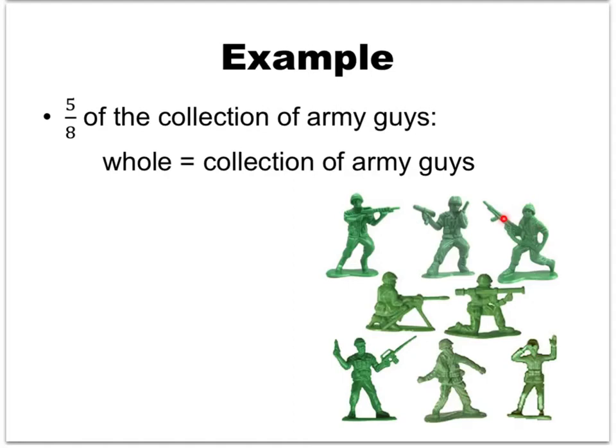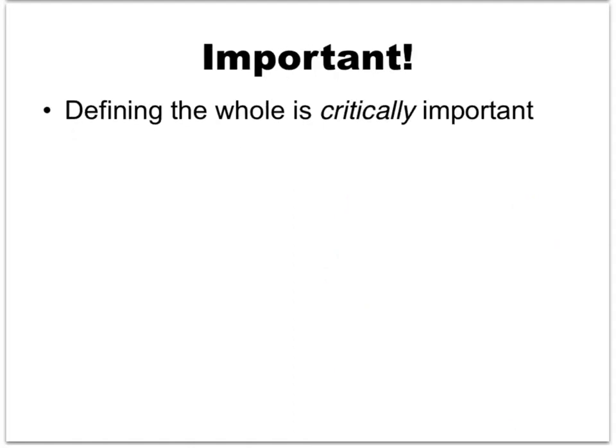A whole can also be a collection of discrete objects like our collection of army guys here. A very important point that we're going to stress whenever we talk about fractions is that defining the whole is critically important. If you don't state what the whole is, then the fraction isn't going to make any sense. So we're going to be stressing this point over and over again.